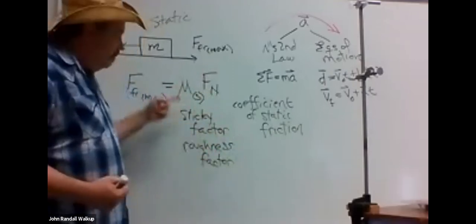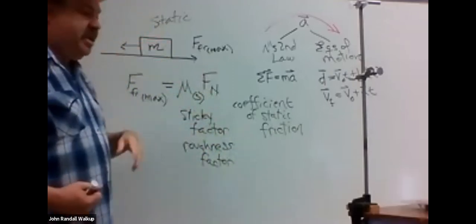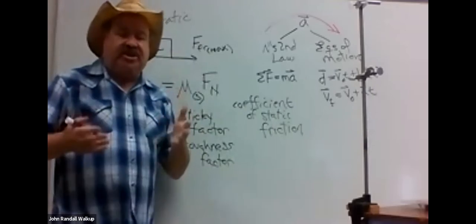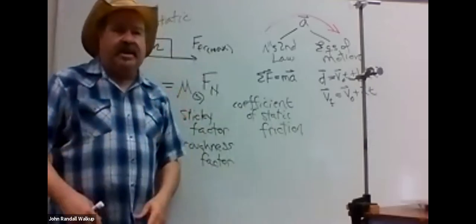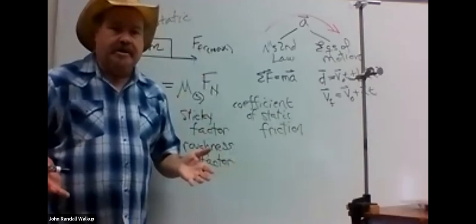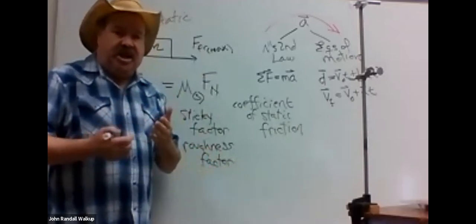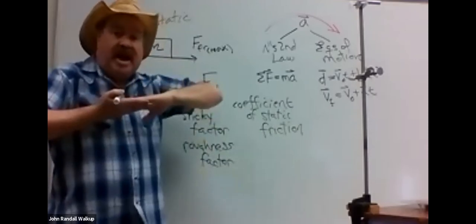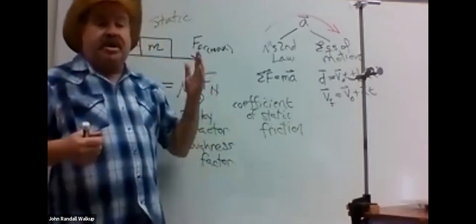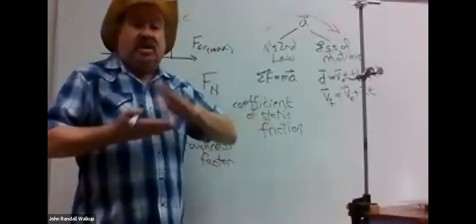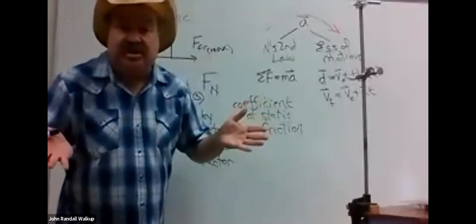And by the way, this is between two surfaces. You cannot say that the coefficient of static friction of glass is 0.5. You have to ask, what's the other material? And so the coefficient of wood rubbing on glass might be 0.5, but sandpaper on glass might be like 0.6.